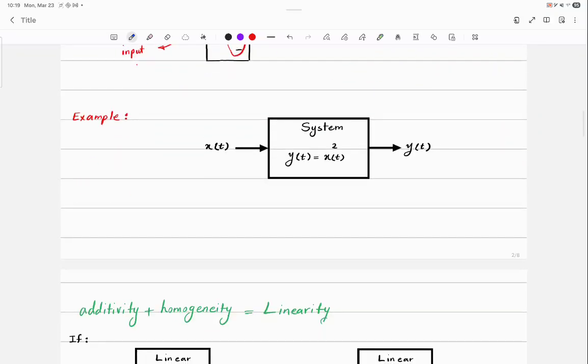And let's see it for the other one. So y is x squared, right? This is the system equation. Yk, which is the associated output for when the input is multiplied by k. So instead of x, what should I write? Kx, right?